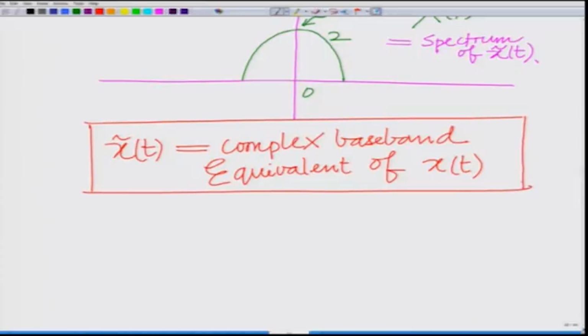And it has a spectrum which is the positive sideband, the band corresponding to the positive frequencies, shifted to the 0 frequency and scaled by a factor of 2.